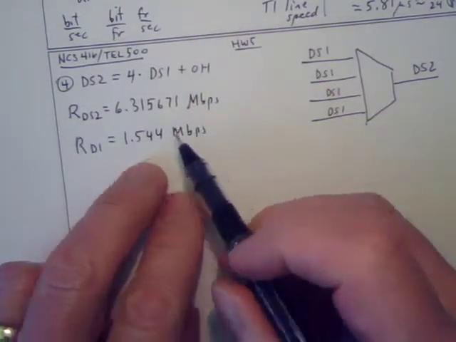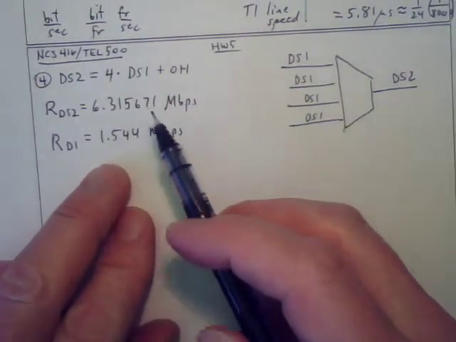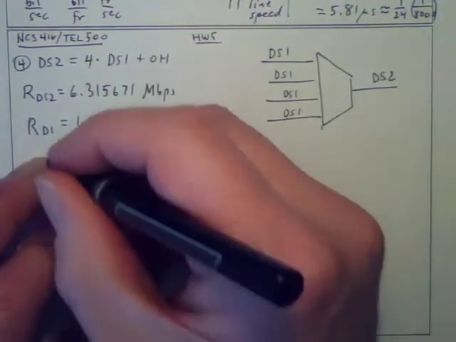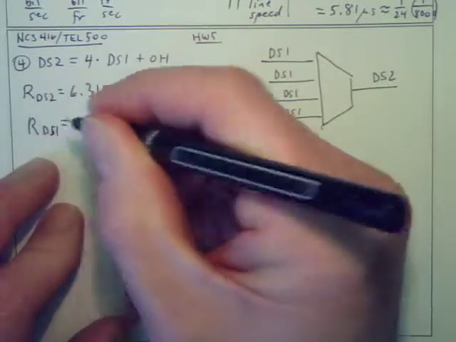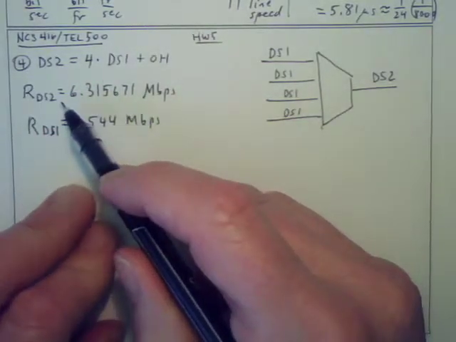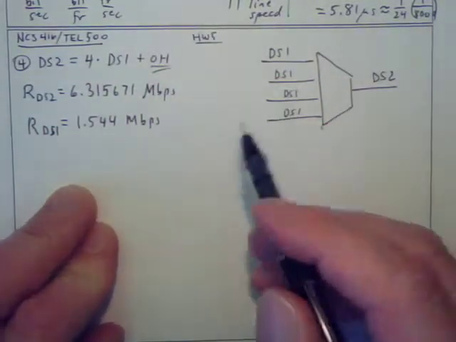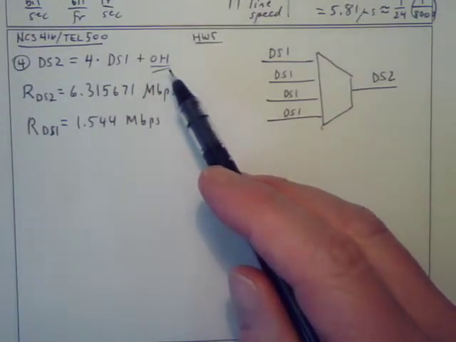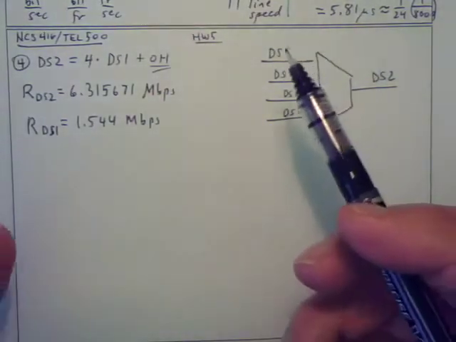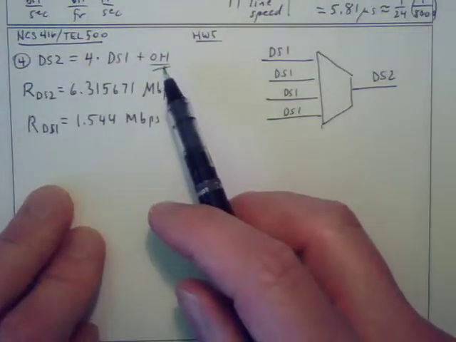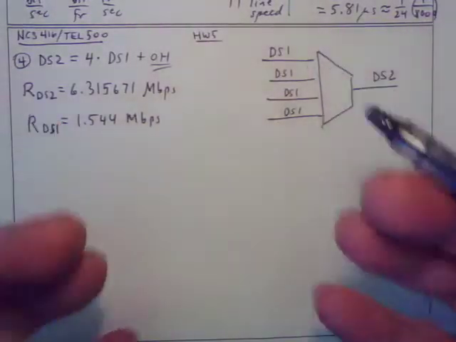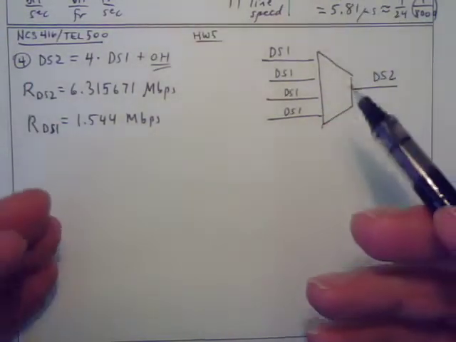And what we're going to find is that 4 times the data rate of the DS1 is a little bit less than the data rate of the DS2, and that extra data rate represents an overhead. And so you can look at that overhead as an overhead data rate, and you can look at that overhead as an overhead data rate per DS1 by dividing by 4 to get a per DS1 value.